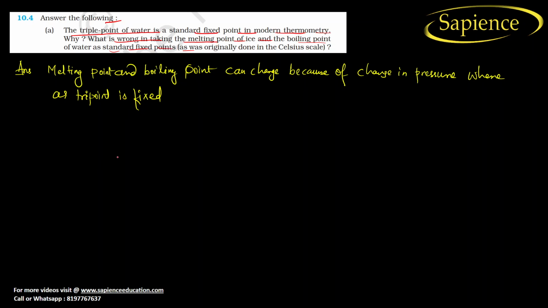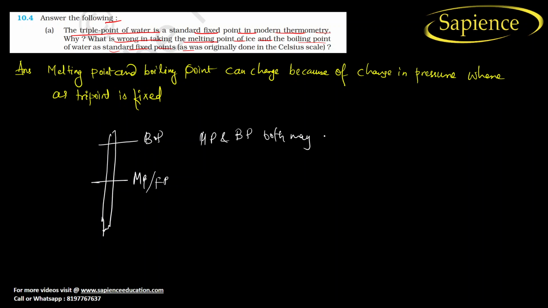See, let us consider. There is a scale, and if we are comparing any point, let us consider the melting point, or the boiling point, or the freezing point. So what actually happens? Melting point and boiling point both may change with the pressure.